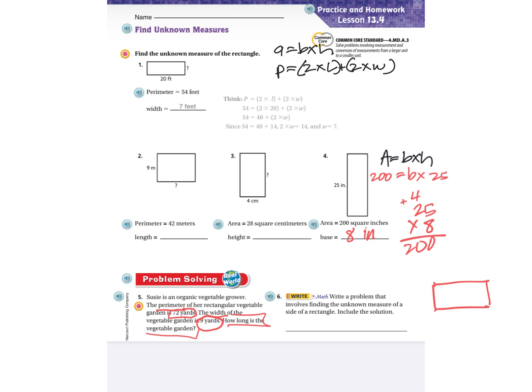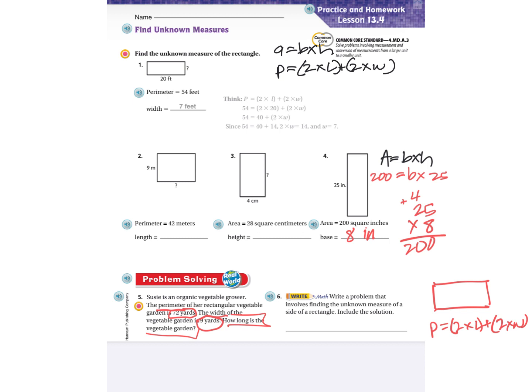The perimeter. I underlined it. So I'm going to use what formula? Perimeter. So I write P equals 2 times the length plus 2 times the width. And I'm going to put those in parentheses just to keep them a little separated.